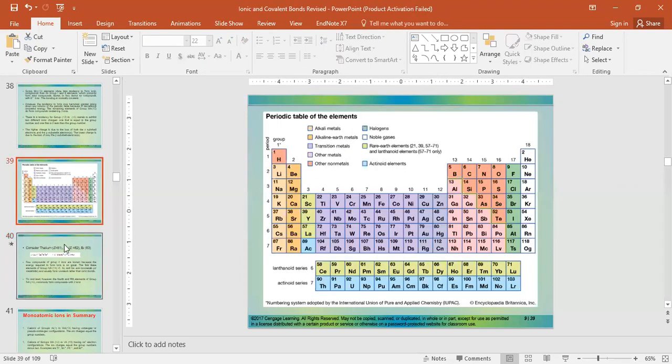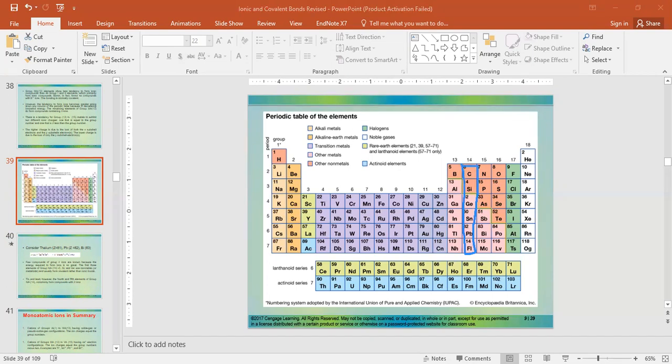And if I bring you here, this is the group we are talking about. In this particular group, we do have carbon, silicon, germanium, tin, lead, and flerovium.